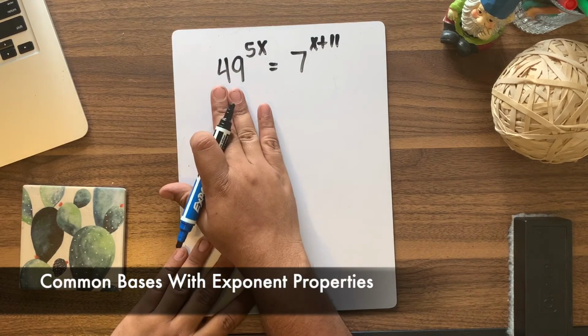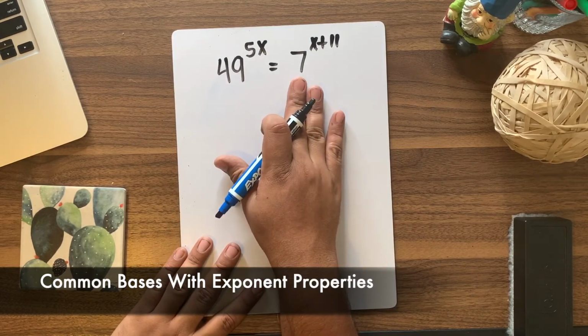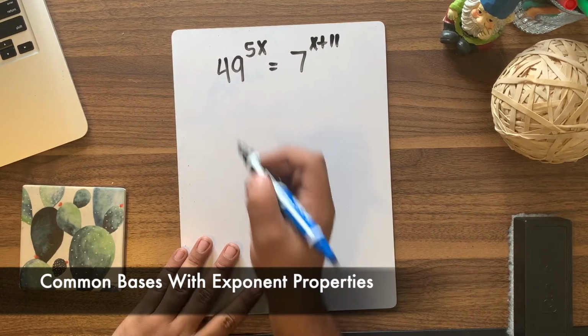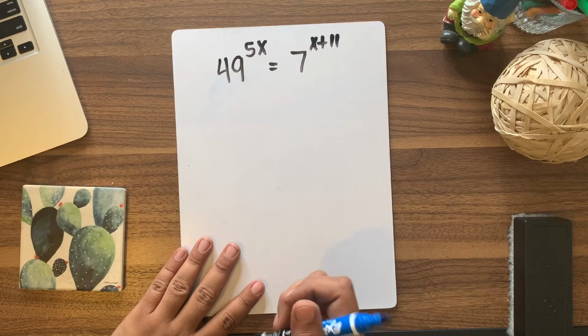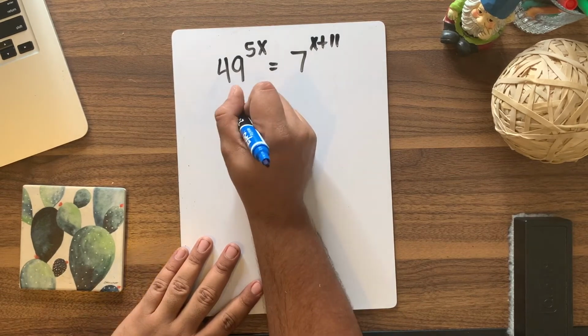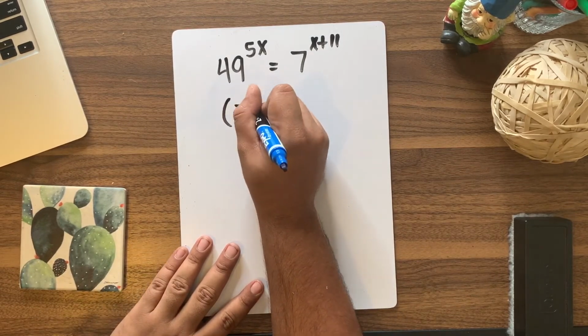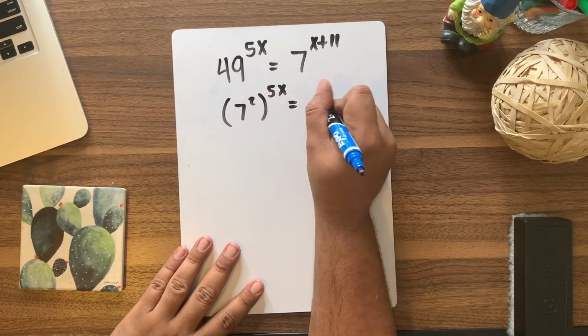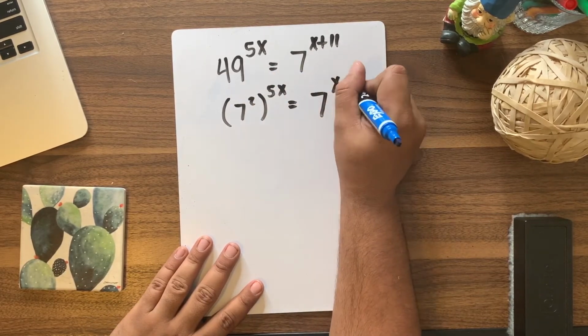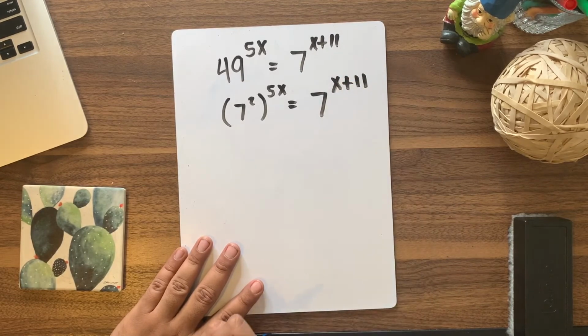Well, the base of 49 and the base of 7 are not the same. But I know if I factor 49, it's 7 squared. So in reality, I'm just going to write 7 squared to the power of 5x equals 7 to the power of x plus 11.